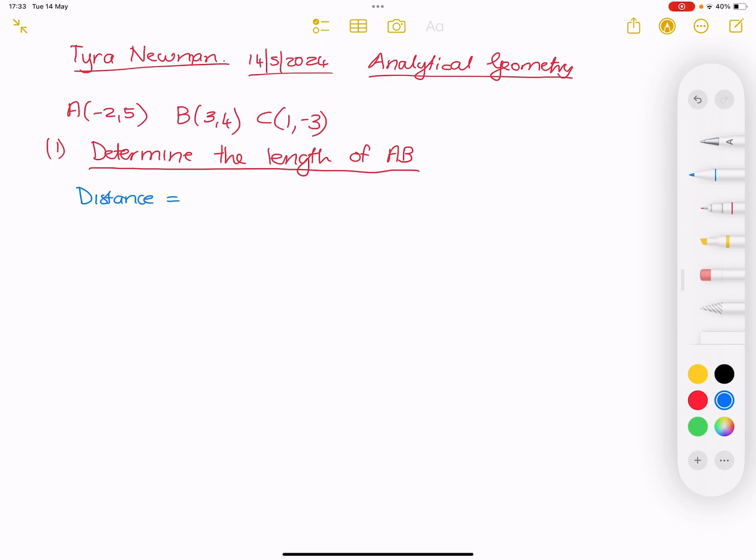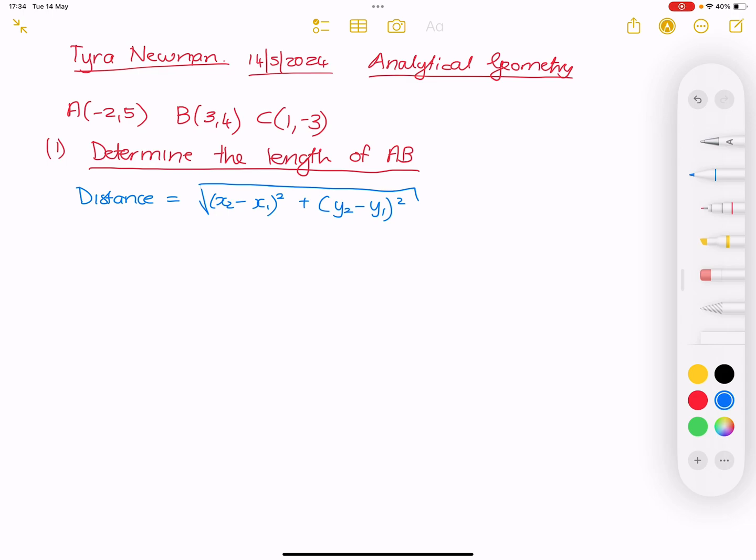distance is equal to the square root of (x2 minus x1) squared plus (y2 minus y1) squared. Okay.